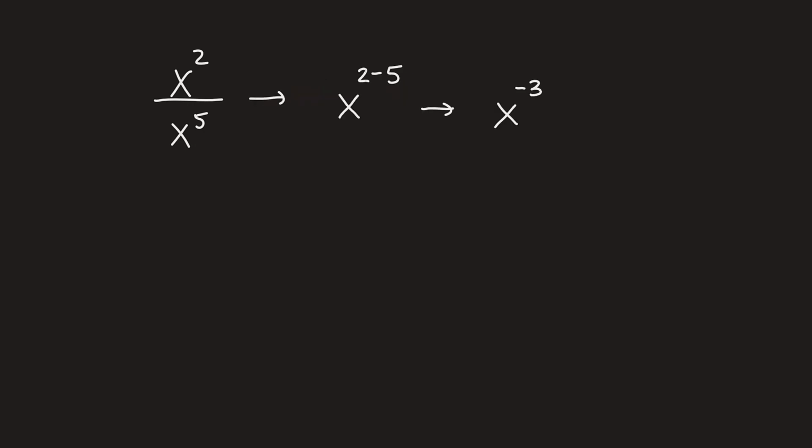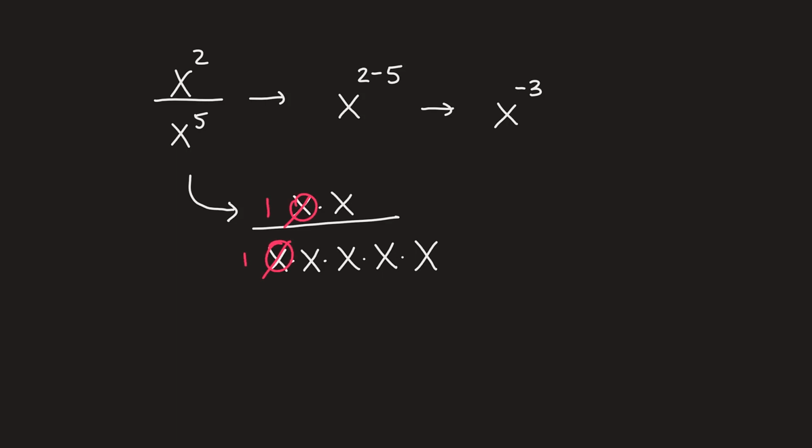This gives us x to the -3. Let's also try expanding the quotient by using the definition of an exponent. Then dividing out the common factors, we are left with 1 over x to the 3rd. So this must mean that x to the -3 is the same as 1 over x to the 3rd power.